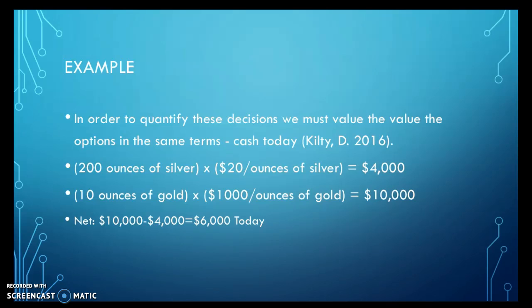So as you can see, the equation and what they're worth in cash today is different. So the jeweler has an opportunity or a benefit of $10,000 at the cost of $4,000. So the net benefit, you would take the gold minus the silver, which equals $6,000 in cash today.